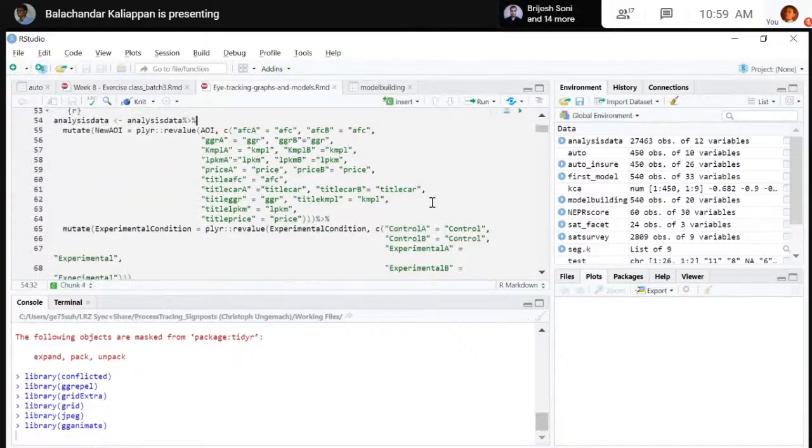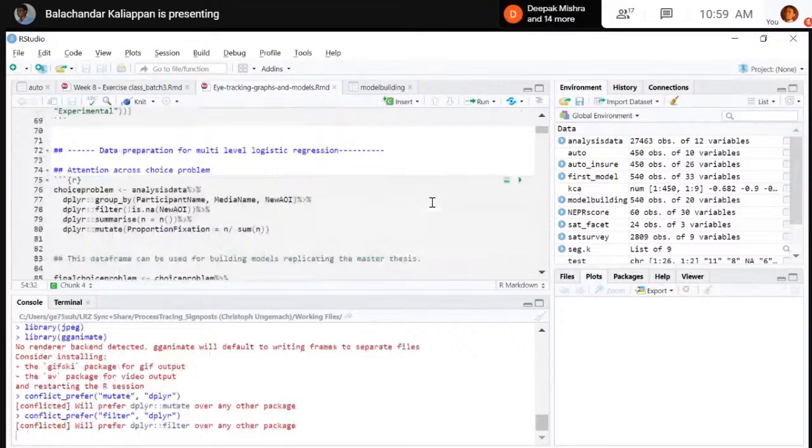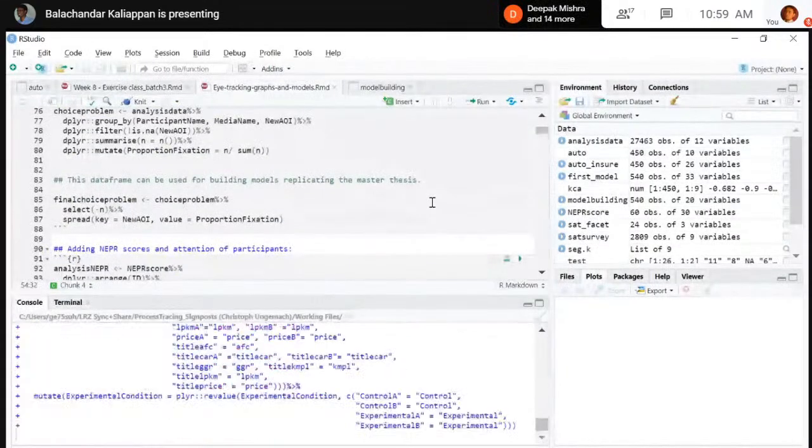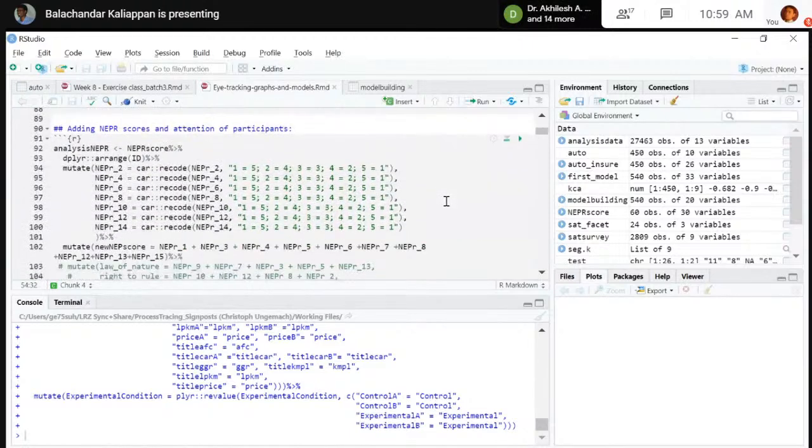And once that is done, you can go ahead and work with this particular data set. Right? And since R is getting crashed, I will not be able to show the extensive options available in R programming.